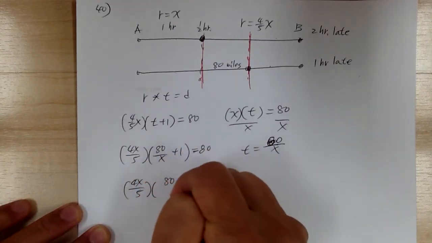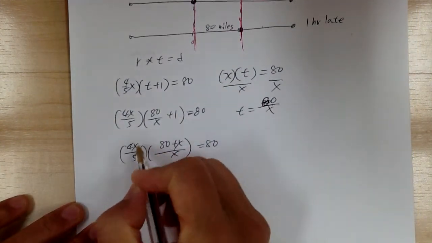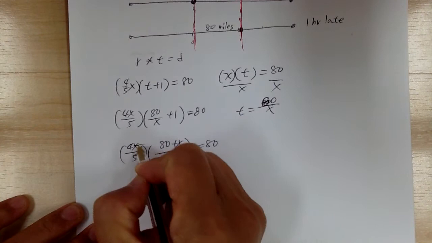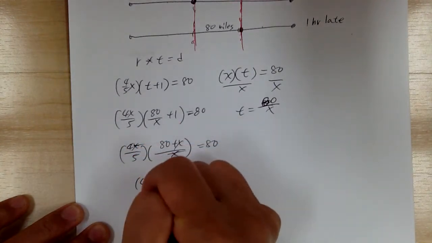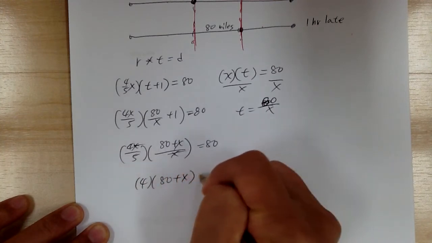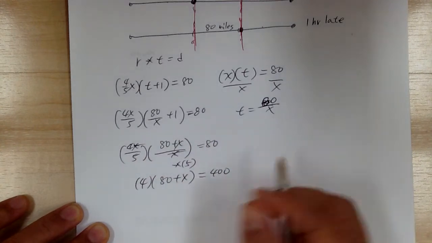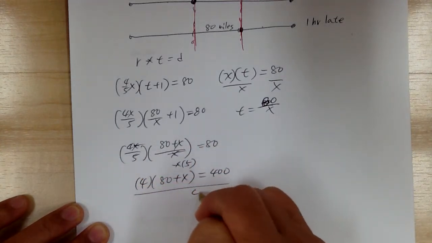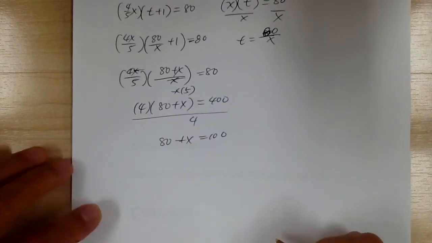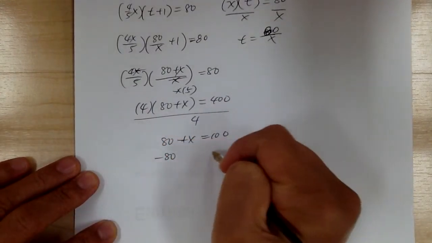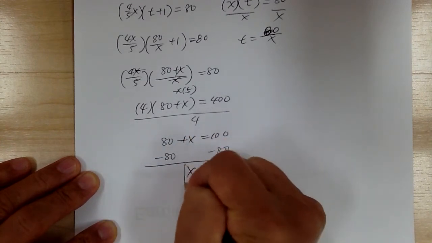So I got 80 plus x over x, and the x and x will cancel out, so it's kind of nice. I'm going to multiply by 5, so I can move this over to this side. Again, I multiply by 5 and divide by 4. So I got 80 plus x equal to 100. Then minus 80 on both sides. So x equal to 20 miles per hour.